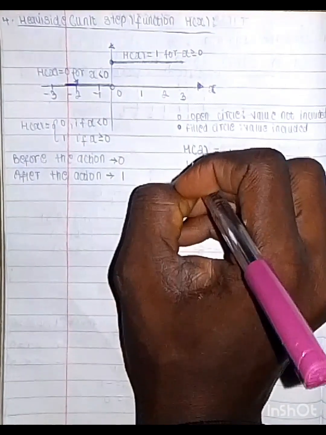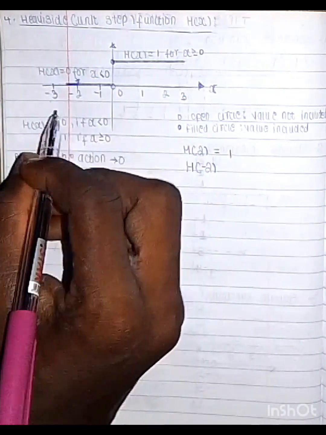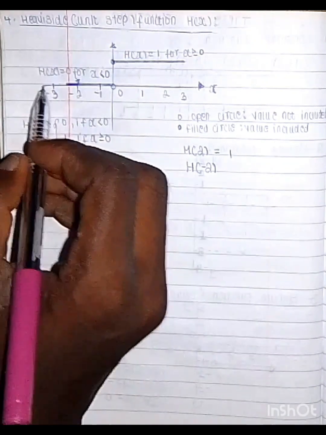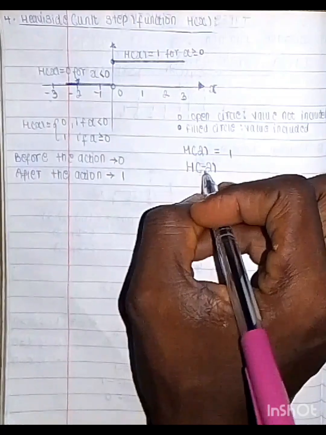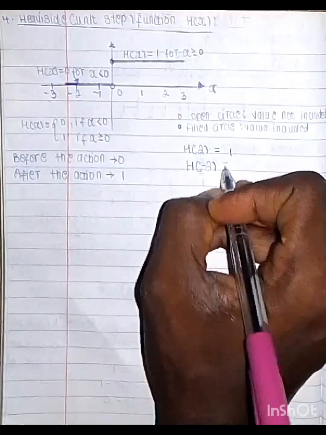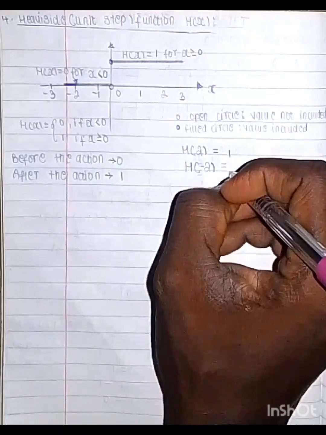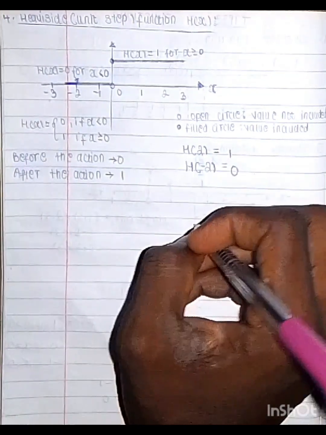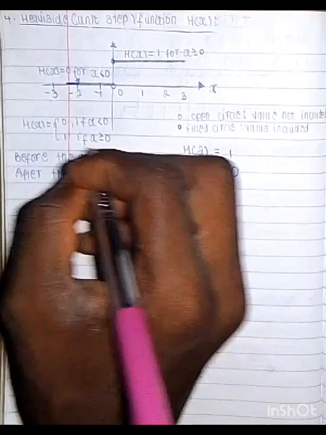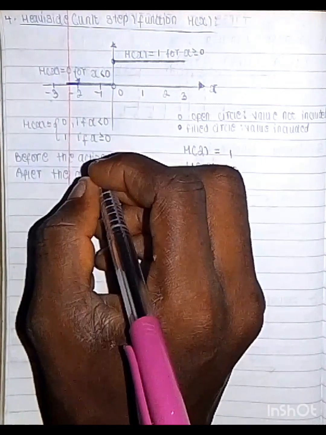If we have the Heaviside of minus 2, minus 2 lies on the negative axis. So for every negative number, the Heaviside will always be 0, while for positive numbers it is 1. That is just the explanation for a Heaviside function.